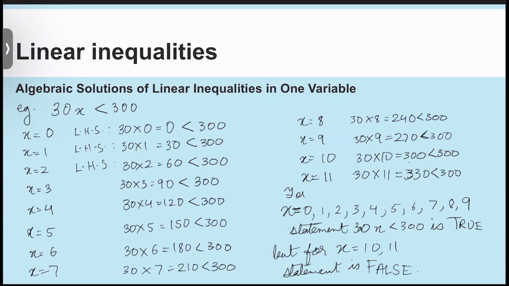Why? Because in the statement we have mentioned that 30x has to be less than 300. When x is equal to 10, it becomes equal to 300, and we have only said that the value of x has to be such that 30x is less than 300. That's why 10 and 11 are false, whereas all the other values of x make the statement true.